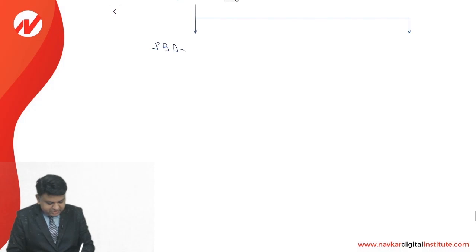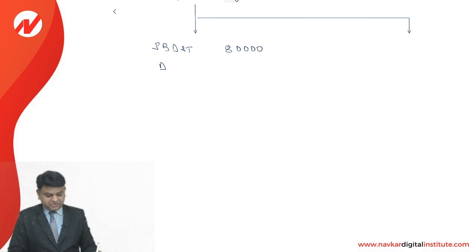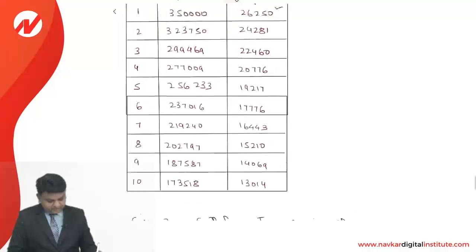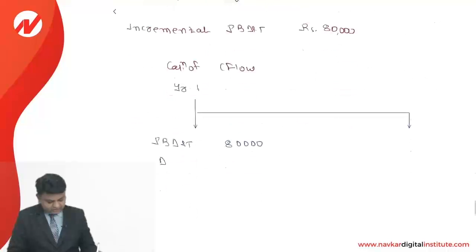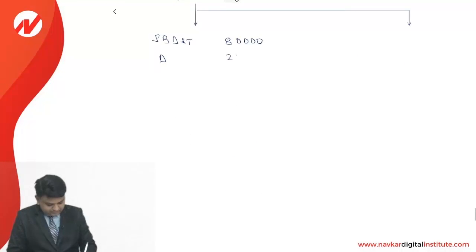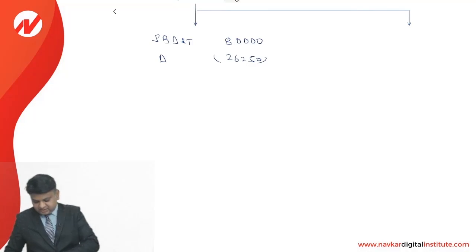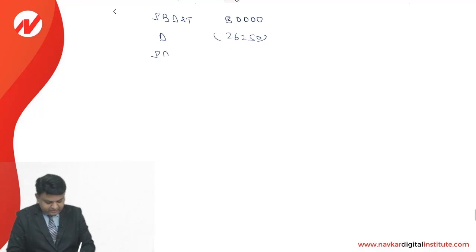Profit before depreciation and taxation is an amount of 80,000. The amount of depreciation is 26,250. So 80,000 minus 26,250 comes to profit before taxation 53,750.